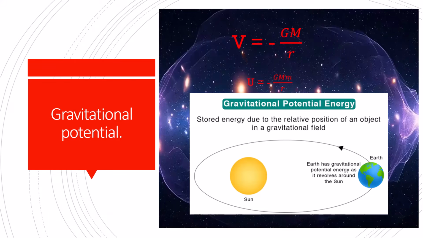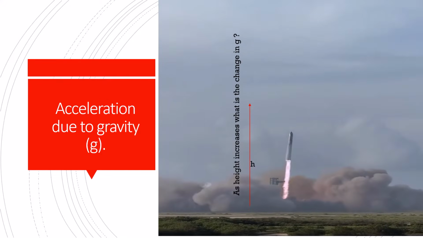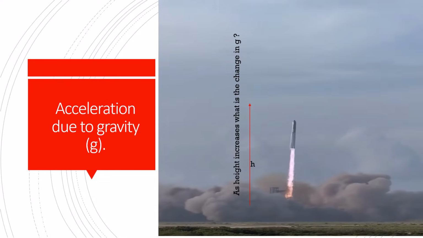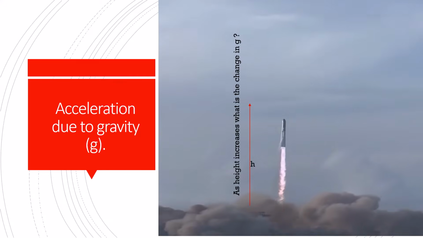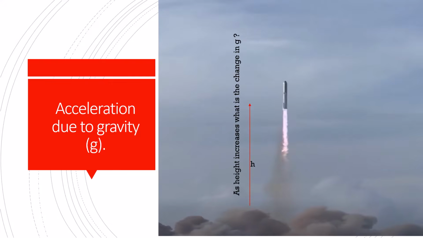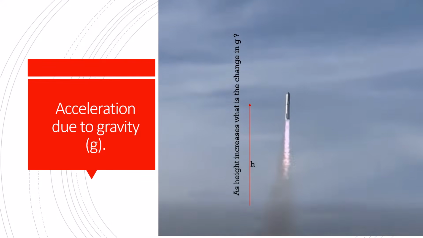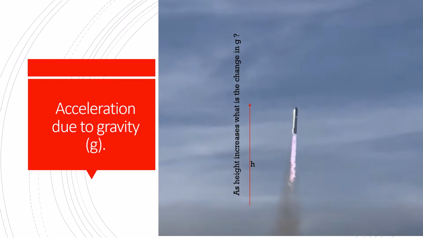Now here is a picture. The earth has a gravitational potential energy as it revolves around the sun. Now we study the acceleration due to gravity. When a body moves away from the earth, it experiences acceleration due to gravity, and when a body falls on earth's surface, it also experiences acceleration due to gravity.